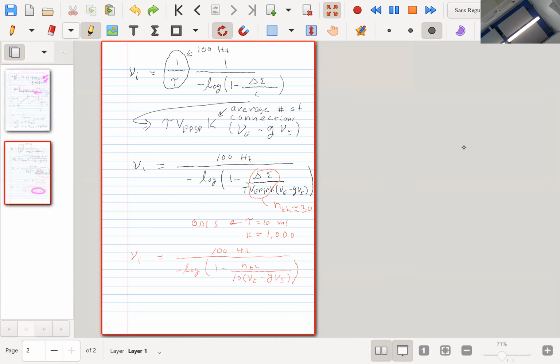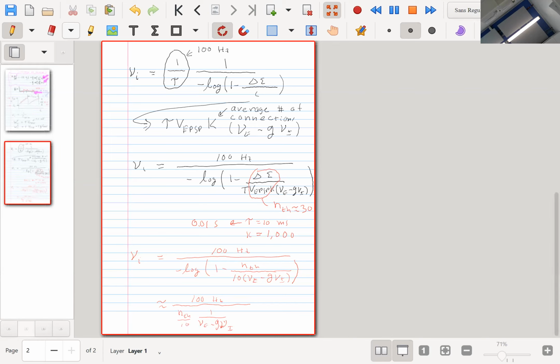And this thing is approximately equal to 100 hertz, again, divided by N threshold over 10, times nu E minus G nu I. So basically, we work everything out.